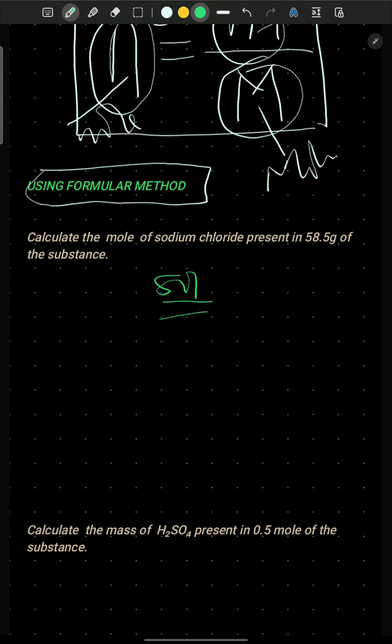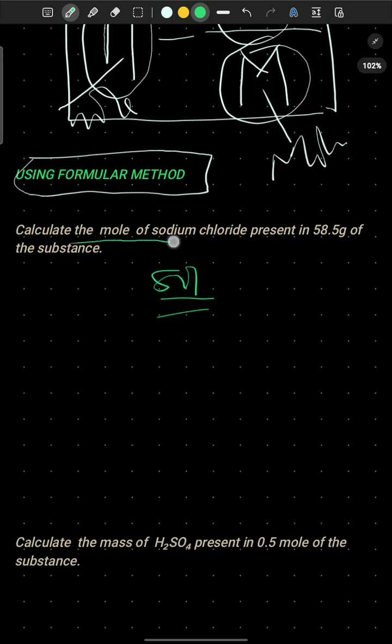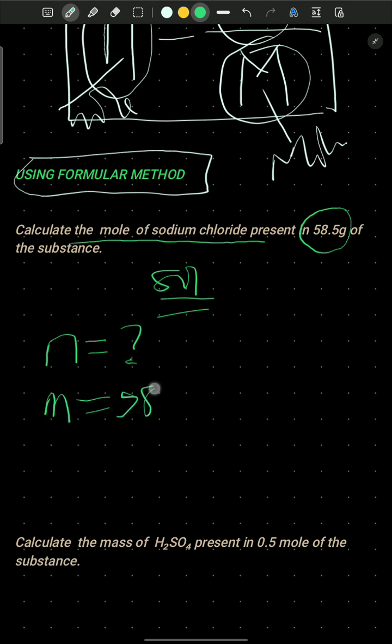Understand the question. The question says calculate the mole of sodium chloride, and the mole of sodium chloride we don't know. We have to find the mole. We are given a mass. So the mass, small m, is equal to 58.5 grams. What is the compound we are dealing with? Sodium chloride. So you have to find the molecular mass of sodium chloride.